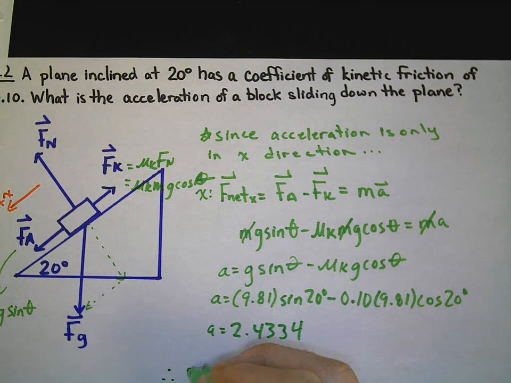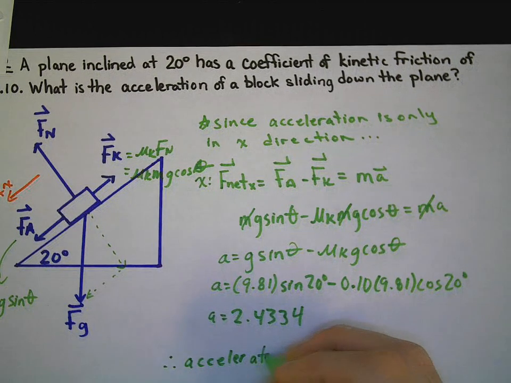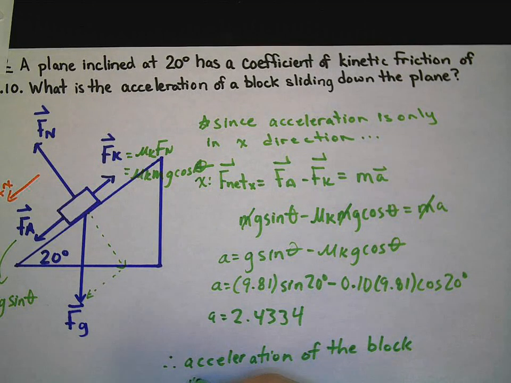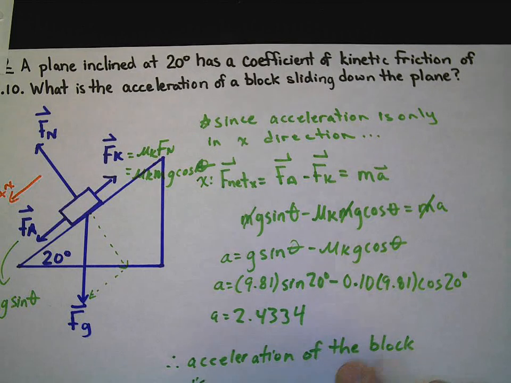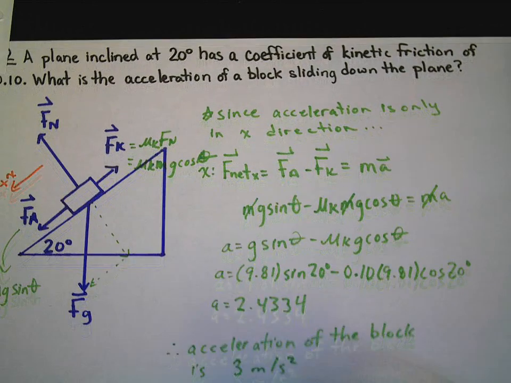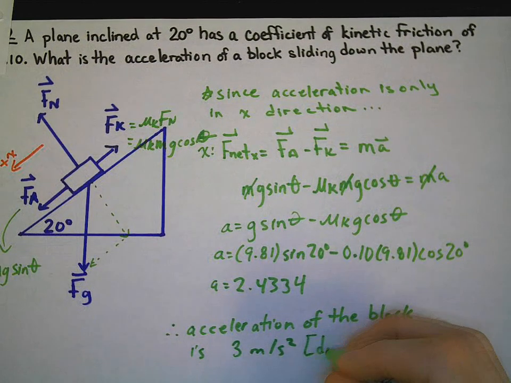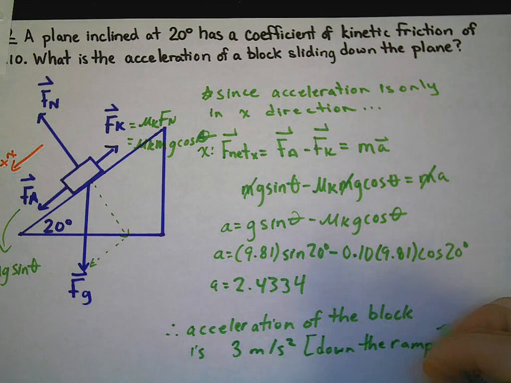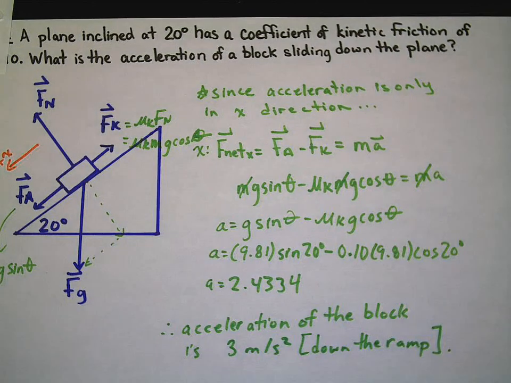So the acceleration in this case of the block is, I need yet again, how many decimal places? 1 decimal place, so 3 meters per second squared down the ramp. Okay?